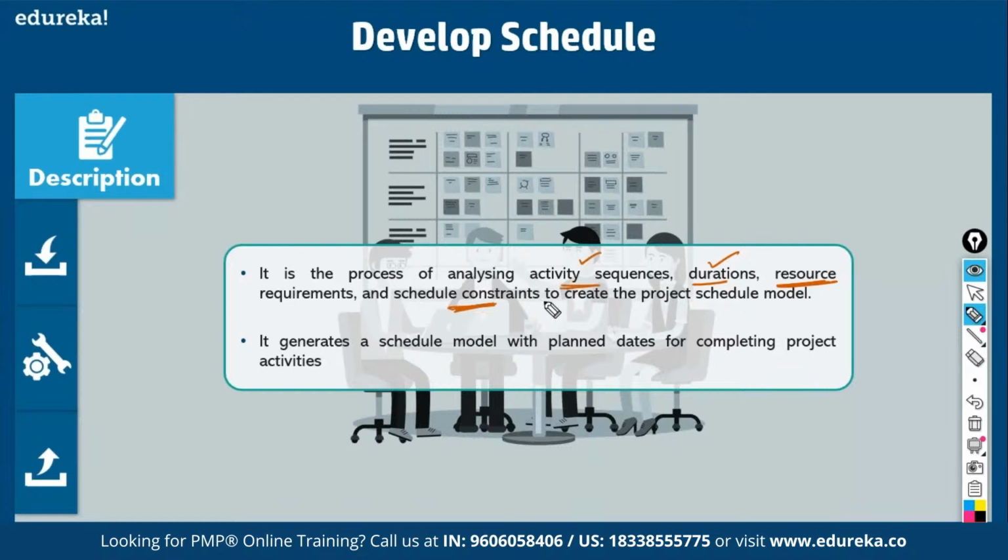So you consider all this and you develop a schedule model. What does a schedule model contain? It contains start dates, end dates, and who is going to be the resource performing this activity. And if the resource is going to consume steel or cement, how many kilos of steel or cement it is going to consume, everything relating to activities. They are all combined to develop a schedule.